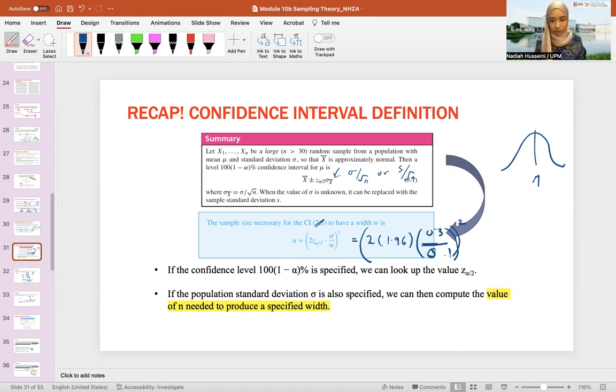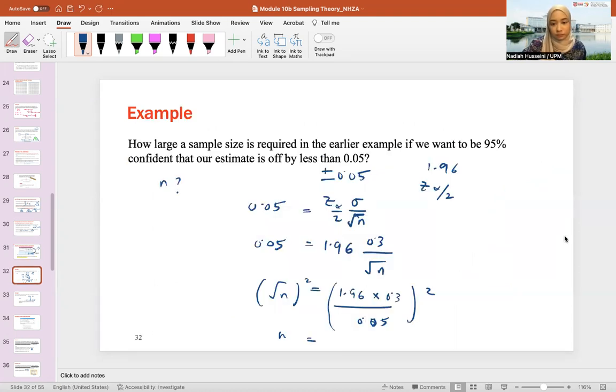Squared. So I would get 138.29. Sample. So what does that mean? Oh, I already have it here. So this is actually wrong.